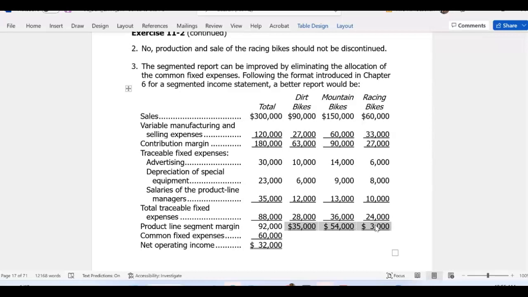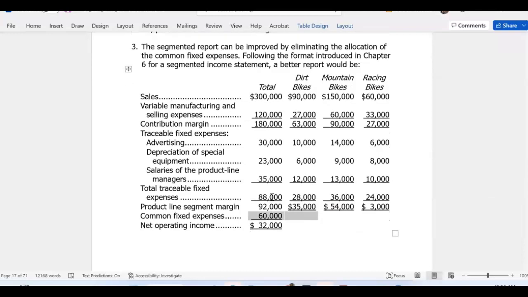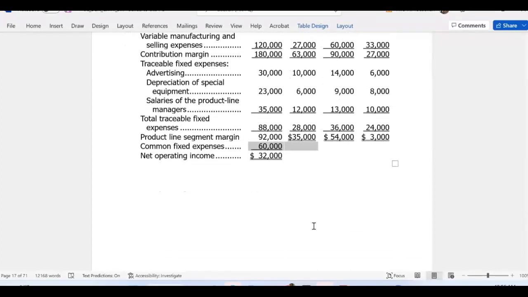You have a product line segment margin of positive number, and a contribution margin of positive number. So you technically want to keep that racing bike because it will also help you to pay for common fixed expenses. That was a good way to show to management what's going on in reality.